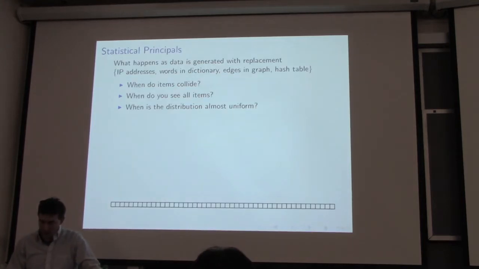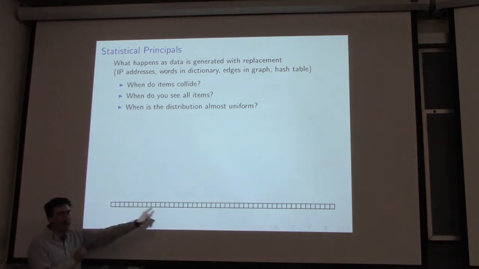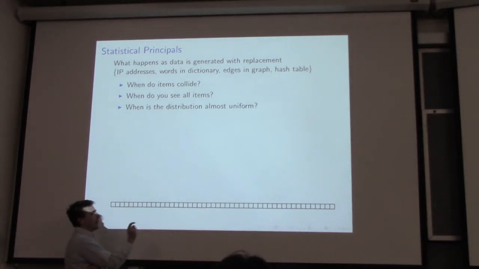Okay, so let me go into a little bit more detail on each of these. In the statistical principles section, we'll look at this idea that you have a large domain, and it doesn't matter what the objects are, and I'm going to have some event that randomly puts a ball into one of these bins.